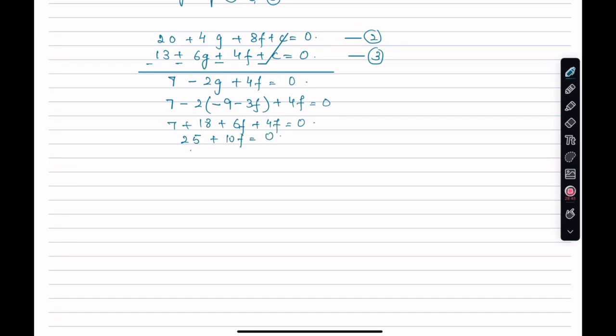Or 25 equals negative 10f, so my f value is negative 5 divided by 2. So I have the value of f, negative 5 by 2, and I can also say that 2f equals negative 5.